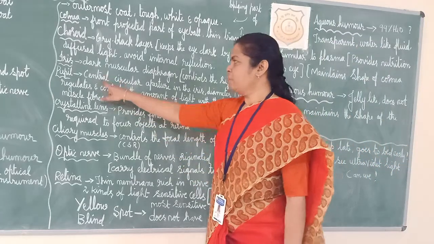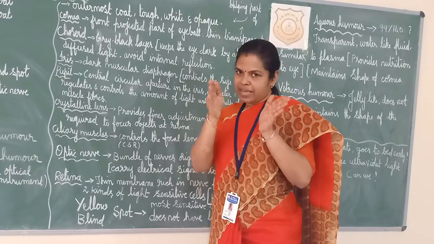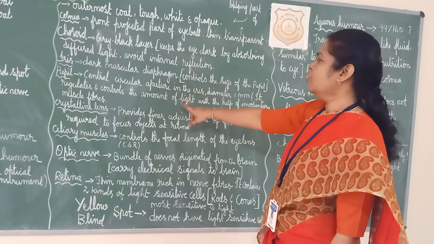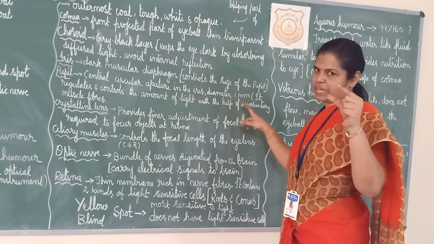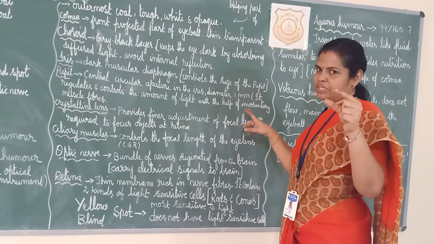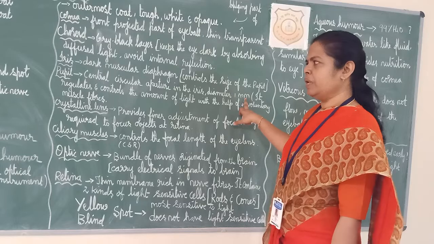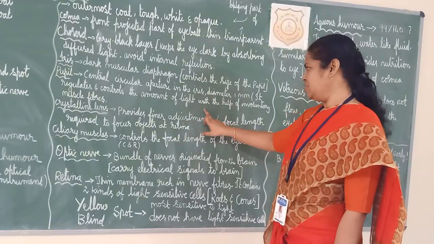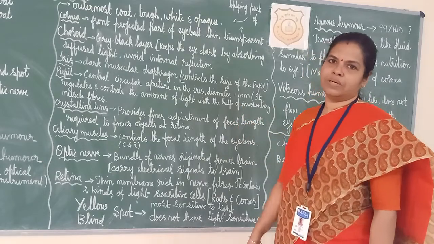Then the next part is the pupil. Pupil is the which one? The portion which is in between the iris. So the pupil is the central circular aperture in the iris, and the diameter, I asked, no, the diameter is 1 millimeter. Okay, the diameter is 1 millimeter. What is the function of the pupil? It regulates and controls the amount of light with the help of involuntary muscle fibers.